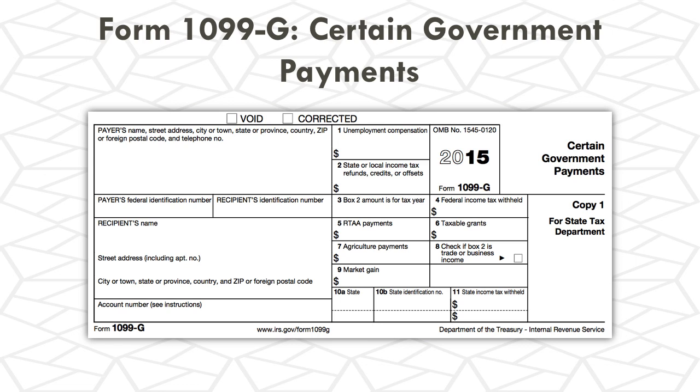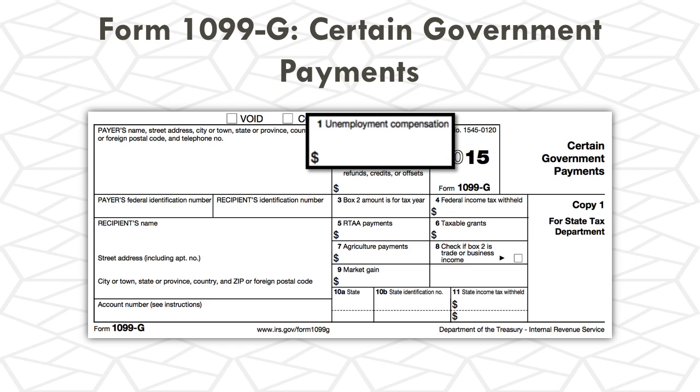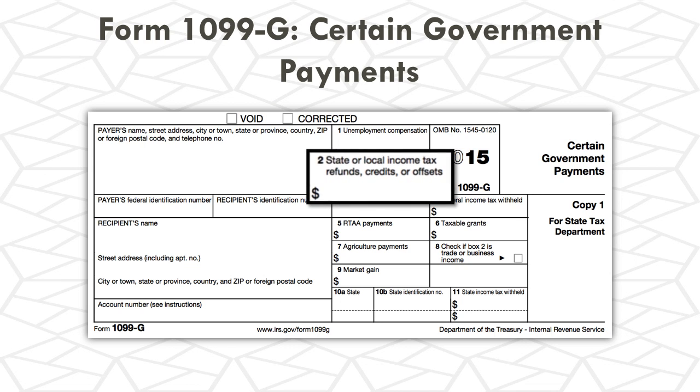Let's briefly look at the boxes here that we'll be using. For now, we're going to focus mostly on box 1, which is unemployment compensation. These will be unemployment benefits given to the taxpayer for the year. You might also occasionally see something reported in box 2. Box 2 is state or local income tax refunds, credits, or offsets.